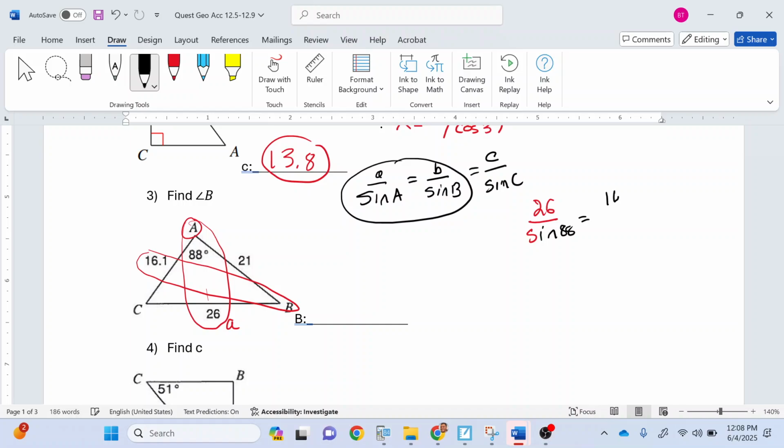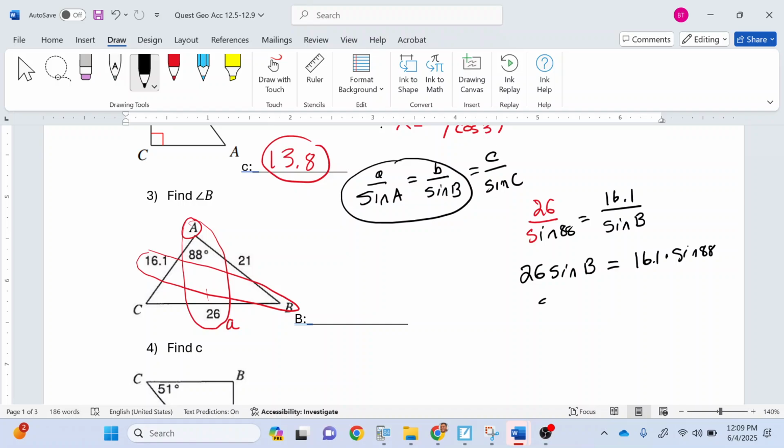16.1 over sine capital B. I don't know what B is, but it's not just capital B, it's sine capital B. A little cross multiplication: 26 sine B equals 16.1 times sine 88.